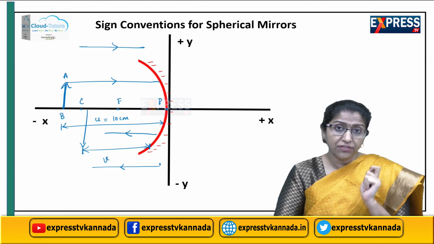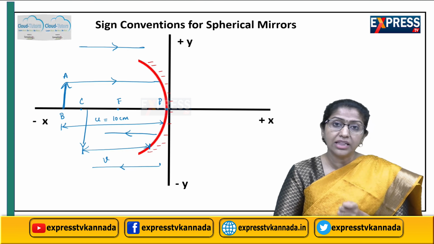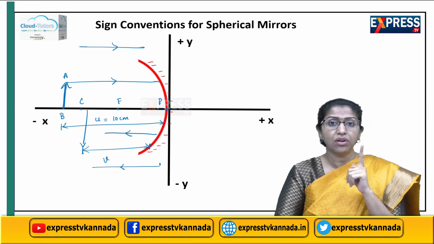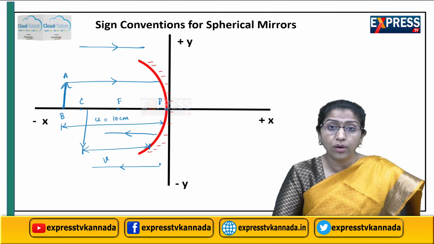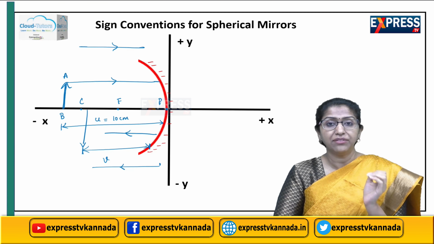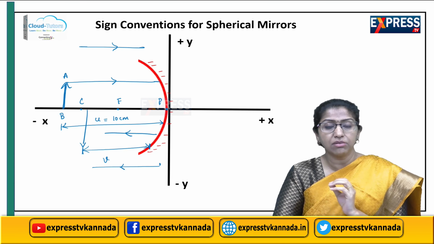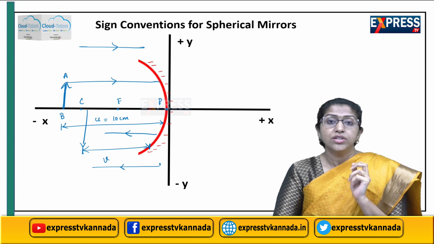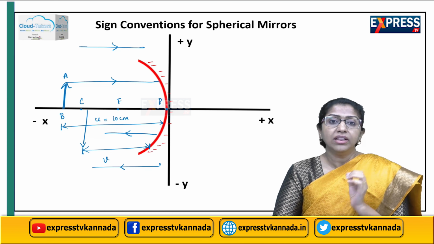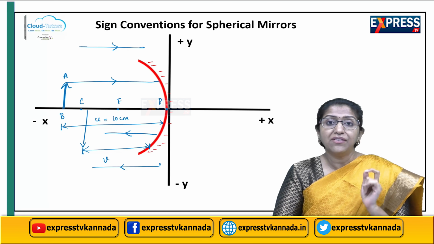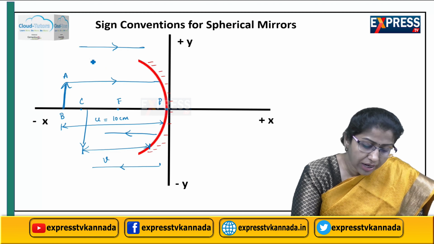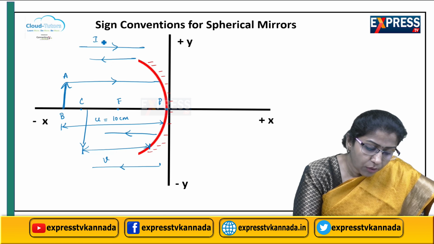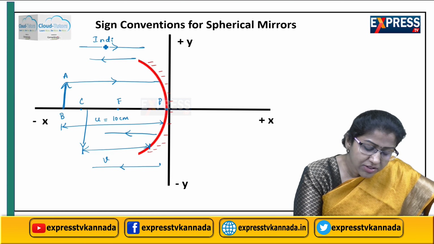Now, if you remember, the first rule is that all the distances have to be measured from the pole, and we did not have to assign any signs according to the first rule.